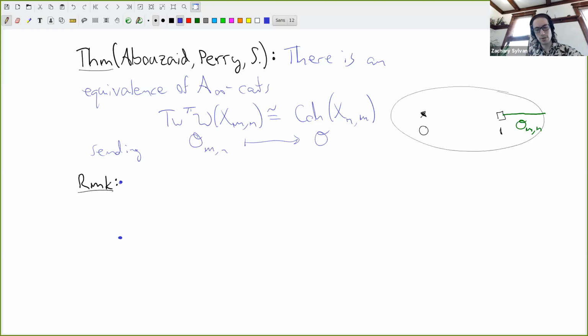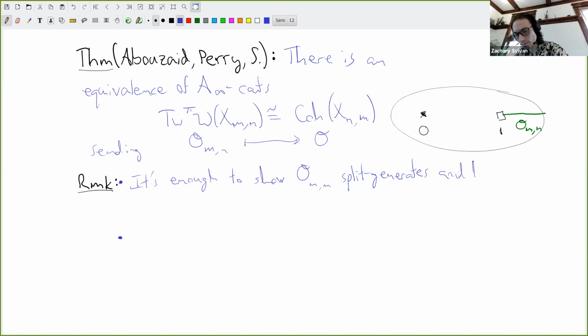It's enough to show that OMN split generates and has the right endomorphism algebra.